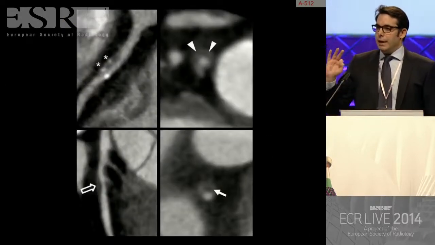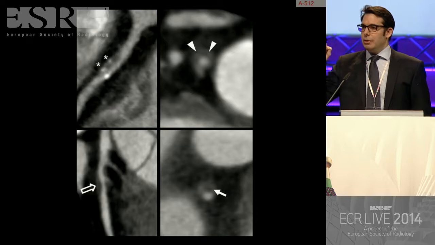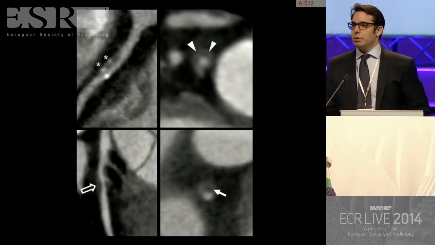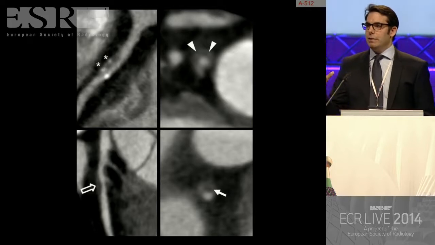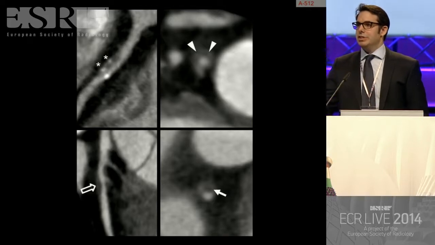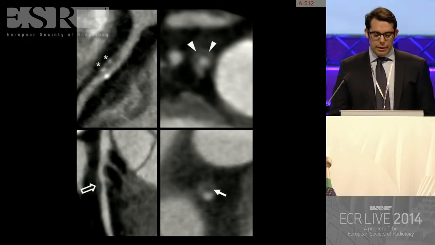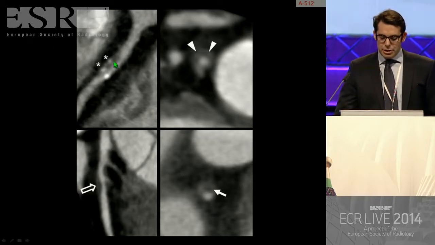Remember, for the plaques, we want to assess whether it's calcified, non-calcified, or partially calcified. But if we want to assess what plaque has more vulnerability, let's say that, like which is a high-risk plaque, we would say that that's with tiny calcifications, spotty calcifications like this.